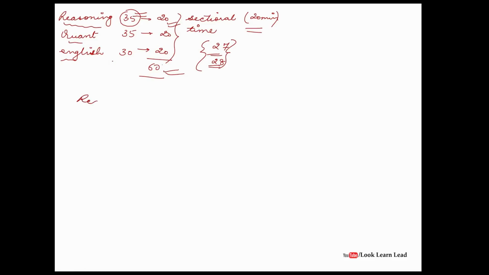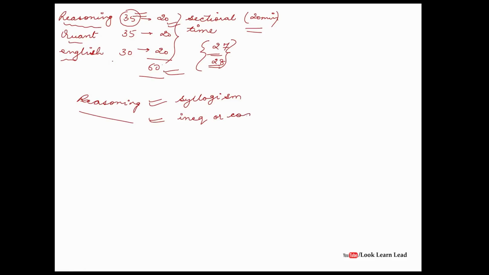Let's talk about reasoning first. In reasoning, the first important topic is syllogism. Syllogism is very important. The second topic is inequalities.